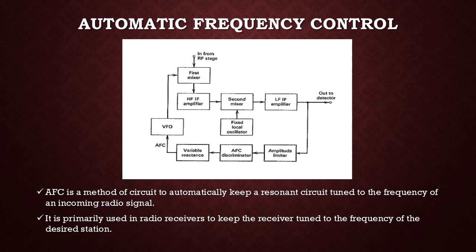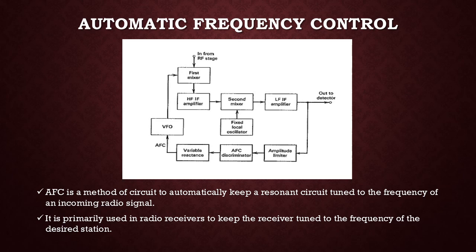Assuming that a receiver is nearly tuned to the desired frequency, the AFC circuit in the receiver develops an error voltage proportional to the degree to which the receiver is mistuned. The error voltage is then fed back to the tuning circuit in such a way that the tuning error is reduced.